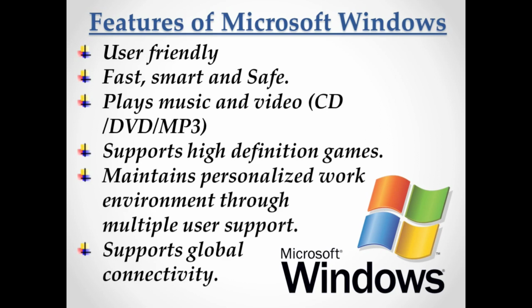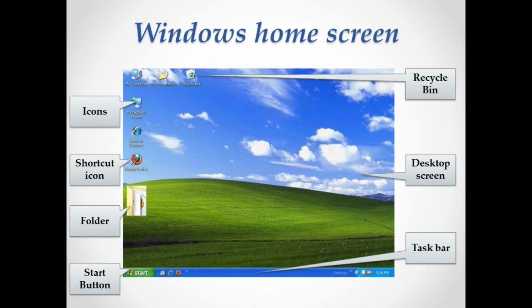Listening to music, videos and high definition games, maintaining your personalized work, and you can get multiple user support and also support for global connectivity. So these are the features of Microsoft Windows.